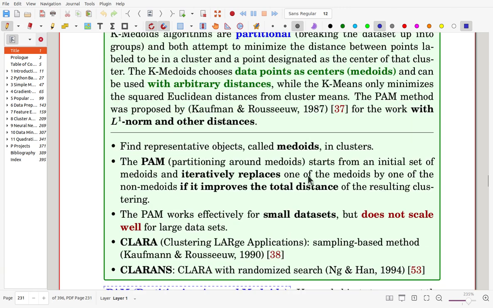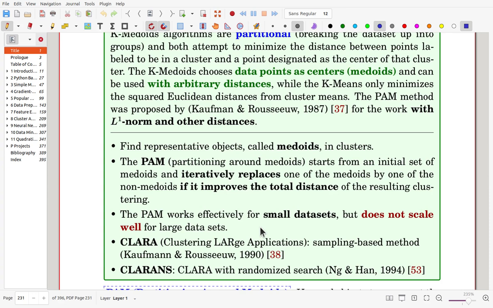K-Medoids can be used with an error norm, for example. PAM starts from an initial set of Medoids and iteratively replaces one of the Medoids with one of the non-Medoid points. Once it improves the total distance, it keeps going. PAM works effectively for small data sets, but does not scale well for large data sets, and so it is computationally quite expensive.